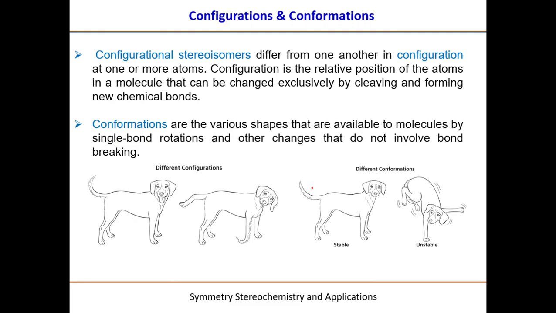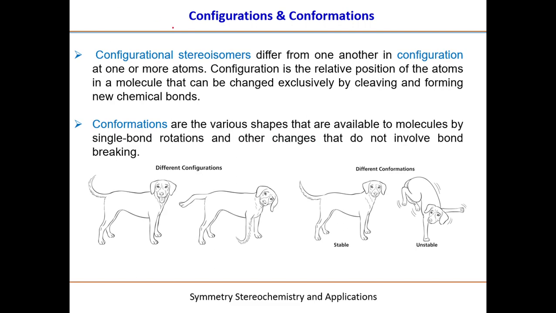Configuration is the relative position of the atoms present in a molecule, changed by cleaving and forming a new chemical bond. That means from one configuration to another configuration, we can change by breaking or cleaving the bond, and not by rotating. That is called the configuration.